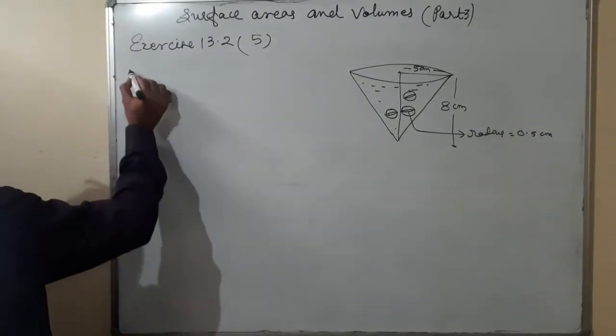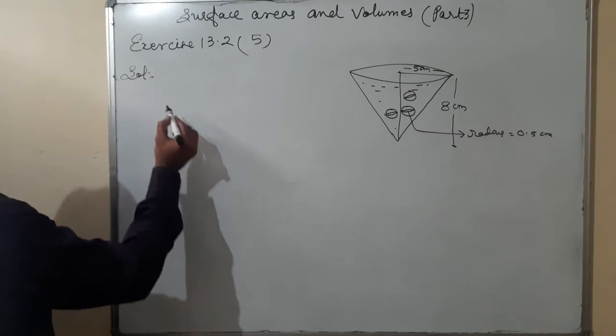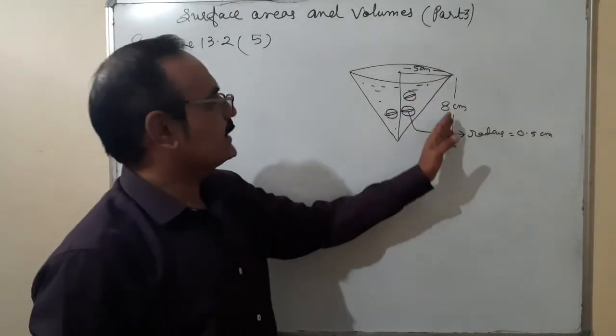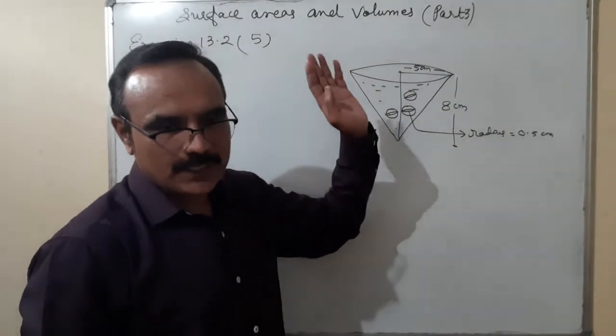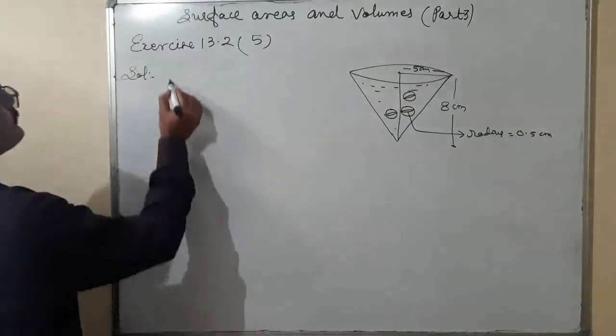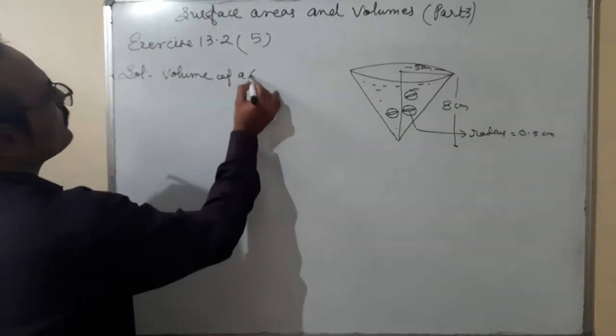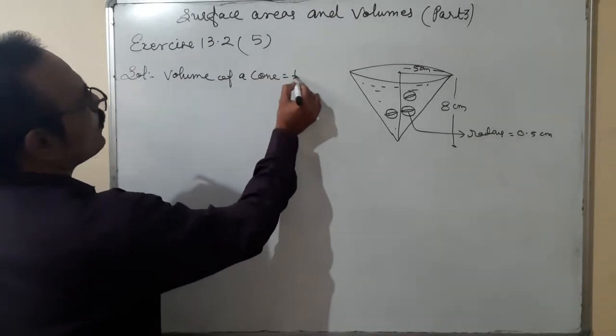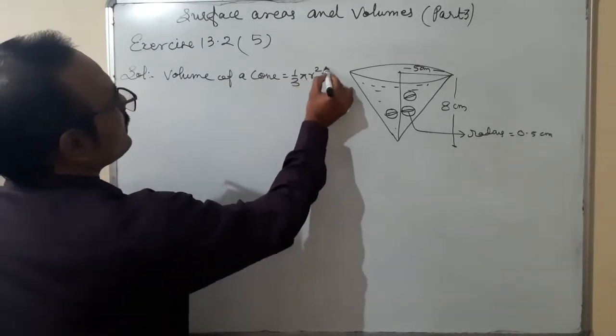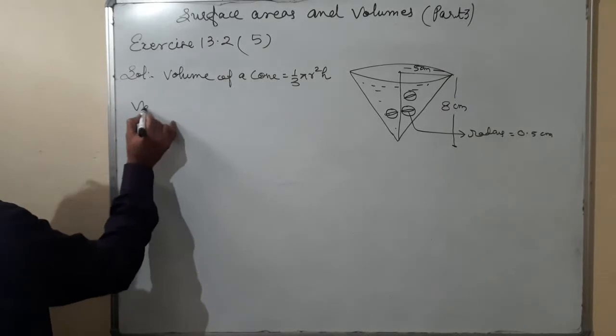First of all, given that height is 8 centimeter and radius is 5 centimeter, the volume of a cone is equal to 1/3 pi r square h.